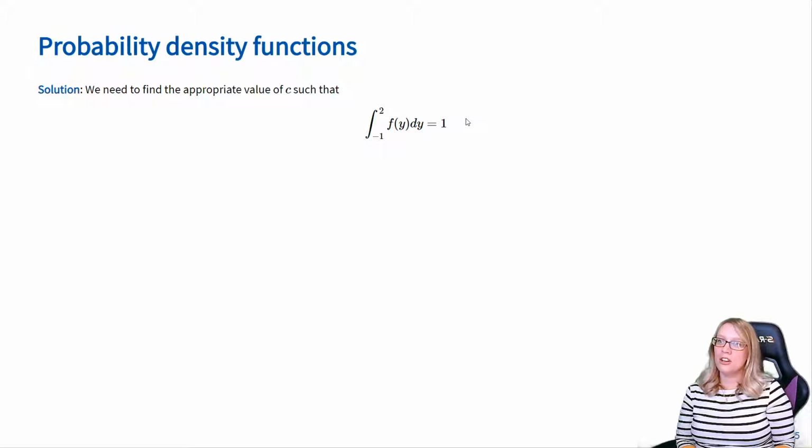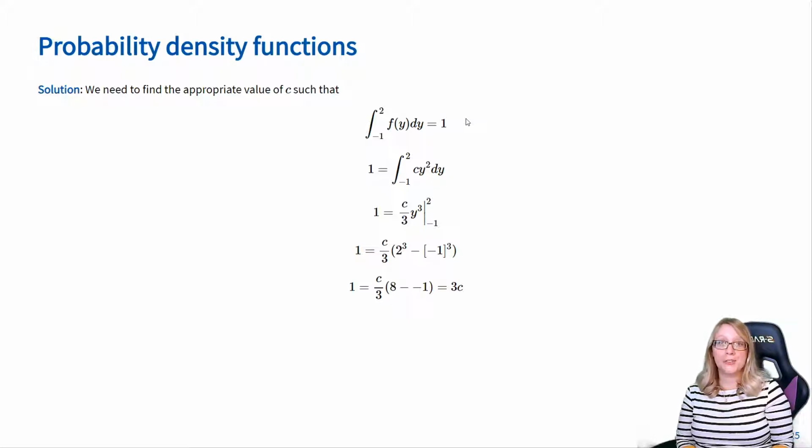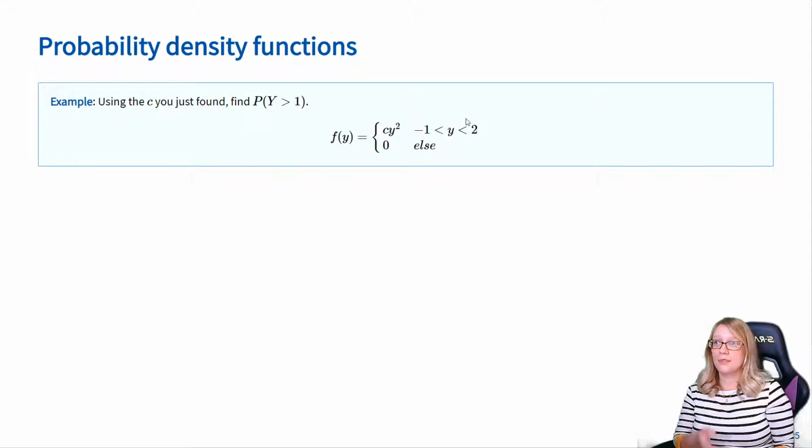So we'll take the integral from -1 to 2. We'll set that equal to 1. This gives me that c over 3 times y cubed, evaluated from -1 to 2, must be equal to 1. Solving for that, we get that 1 is equal to 3c. So then c is equal to 1/3.